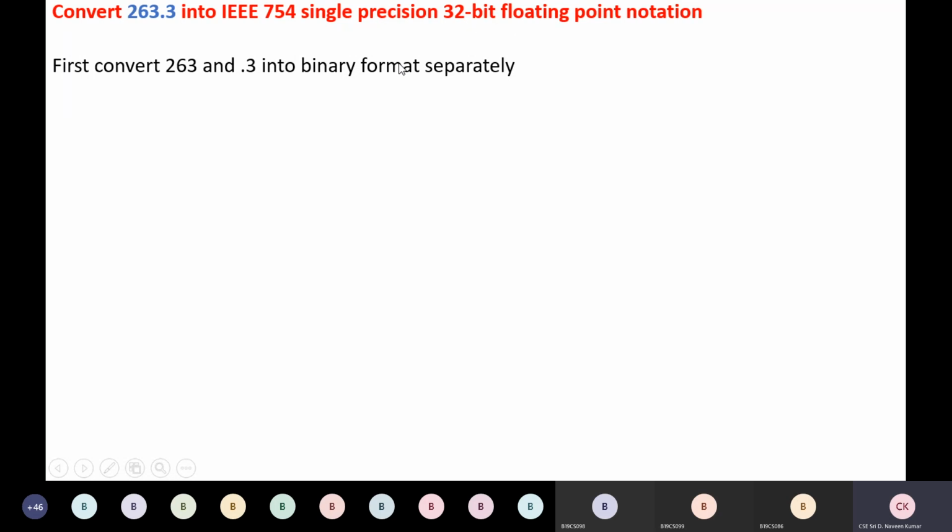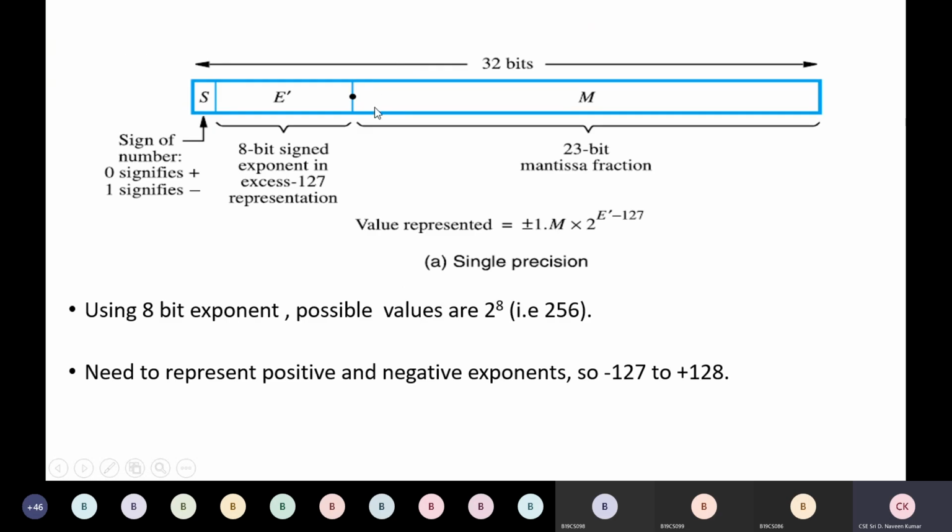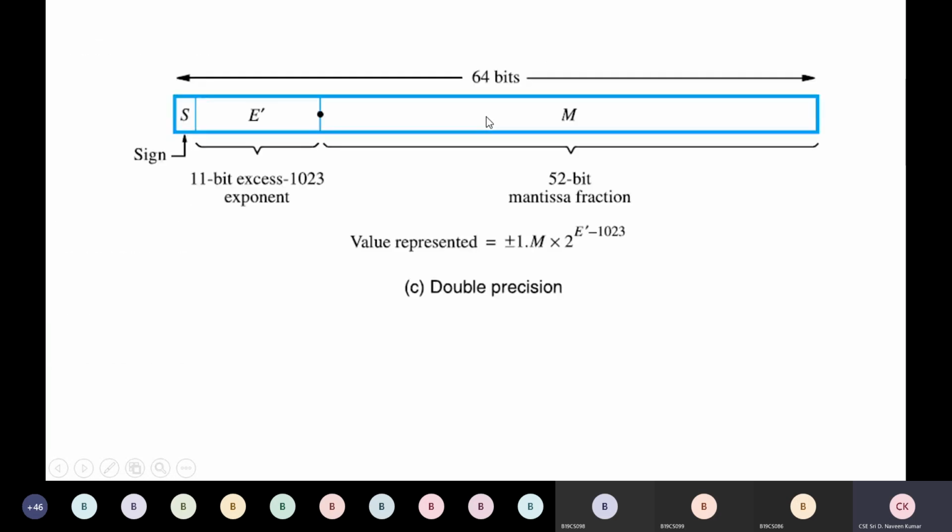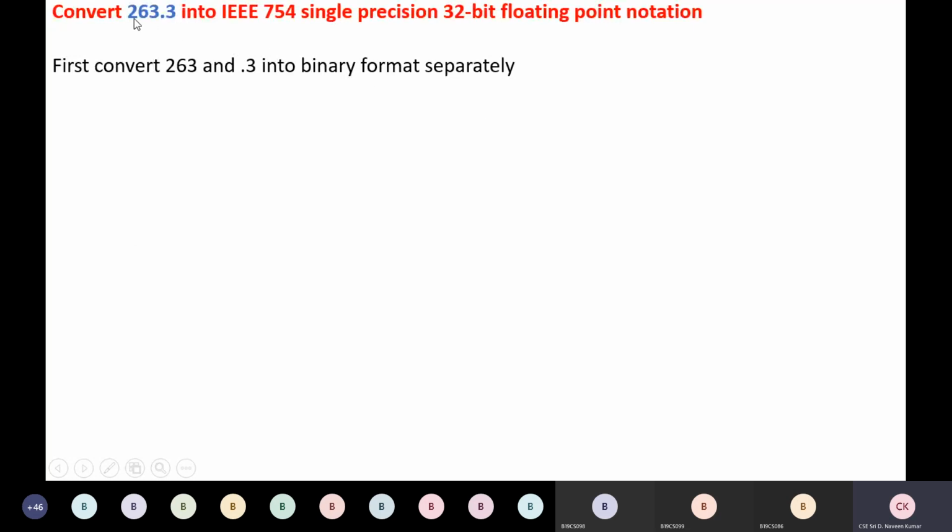So we have a sign bit, an 8-bit exponent and a 23-bit Mantissa. This is the format we need to convert the given decimal number 263.3 into.